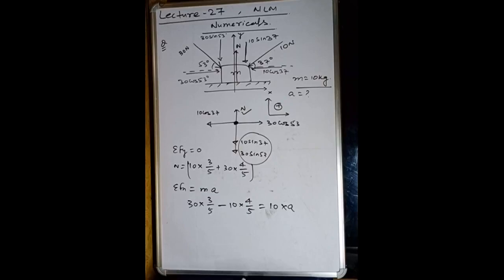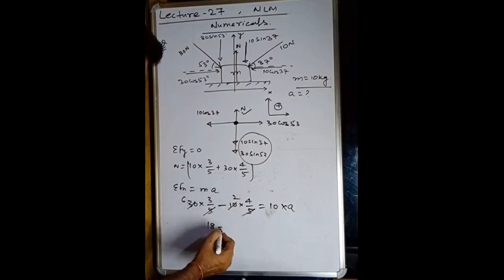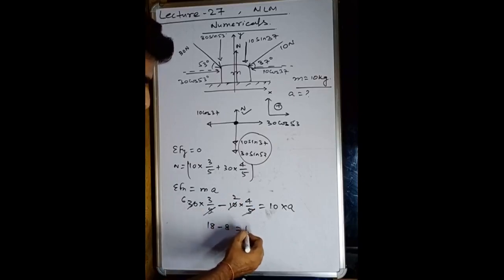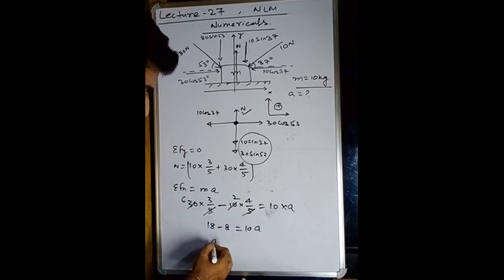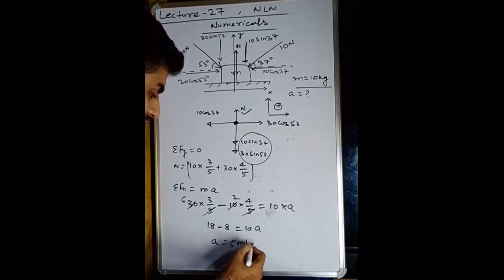Now you have to find the value of a, which you can find easily. 18 minus 8 is 10a. So a will be equal to 1 meter per second square.